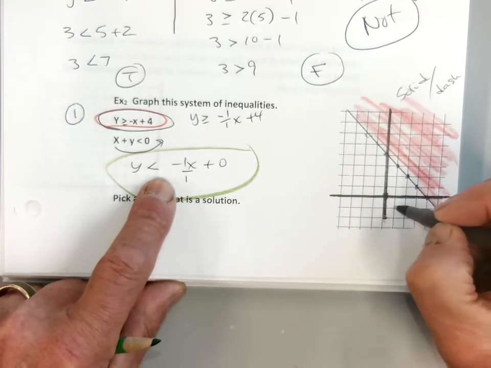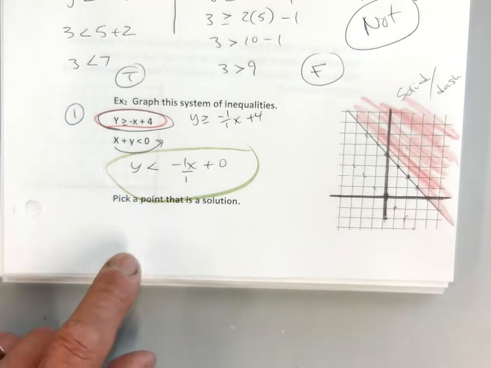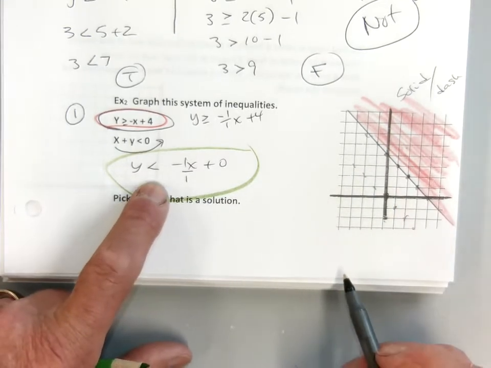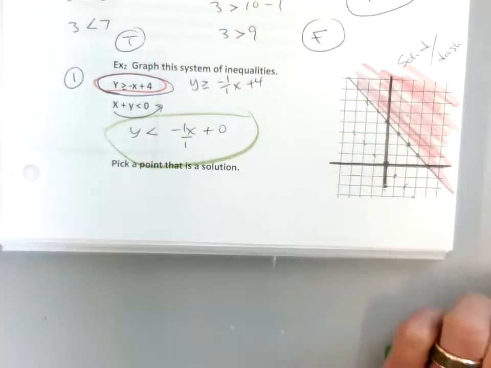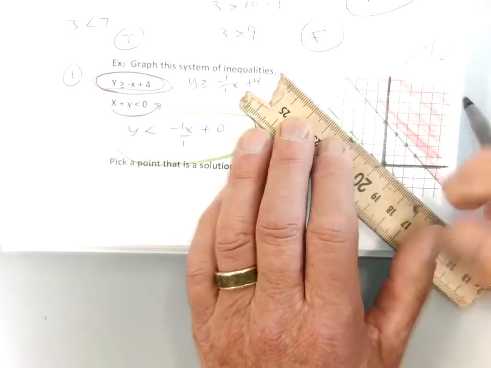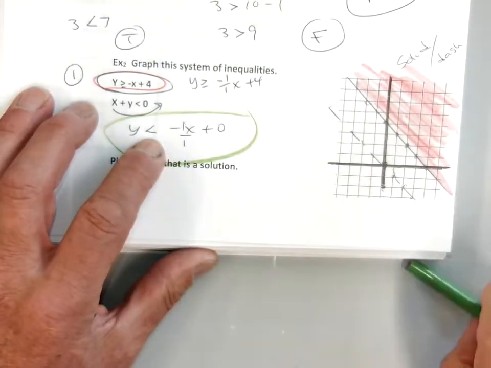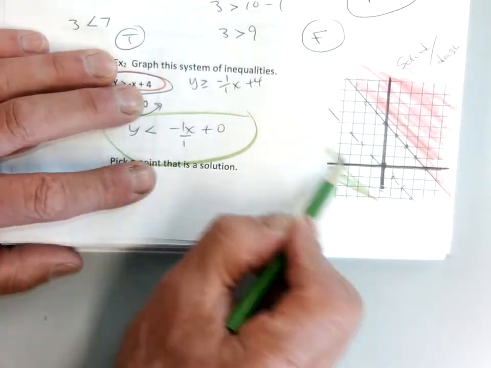Down 1 over 1. Okay. Solid or dashed? Dashed because there's no equal sign. So I'm going to do dashed. Am I going to shade above or below? Below. Oh, this is a weird graph, huh?